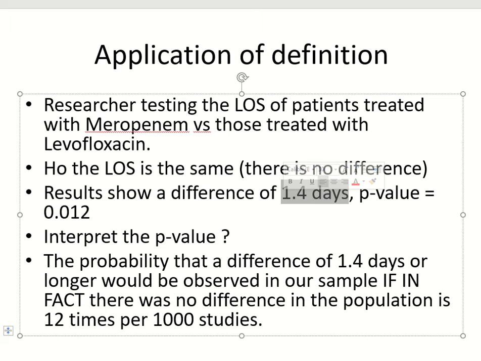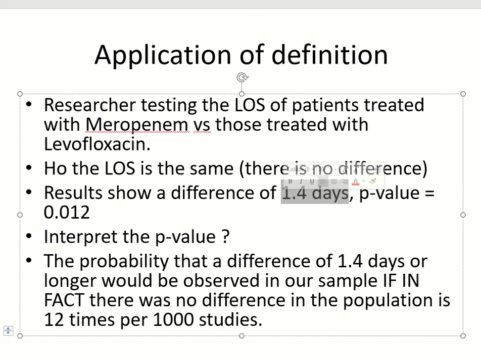بما أنه our work is at the level of the sample, you're not observing reality, you're observing estimates. So the question is, even though in reality there is no difference, can you observe a difference of 1.4 at the level of the estimate? The answer to that question is your p-value, and the p-value comes out to be 0.012. So how do we interpret this 0.012?